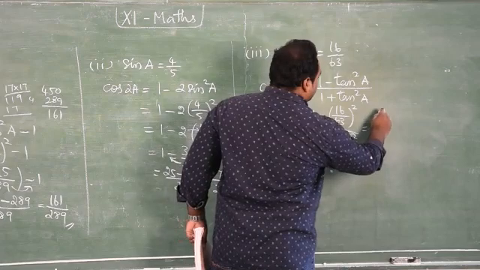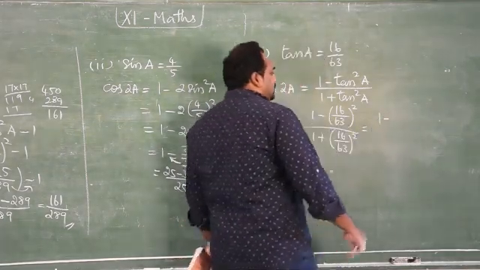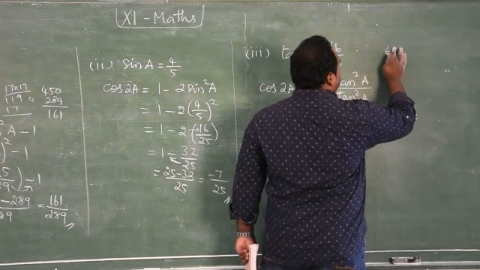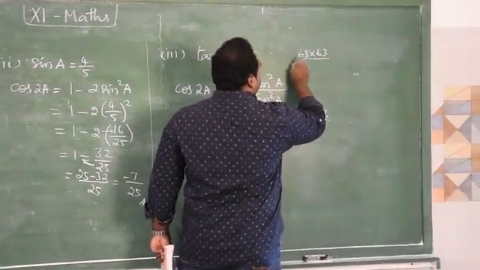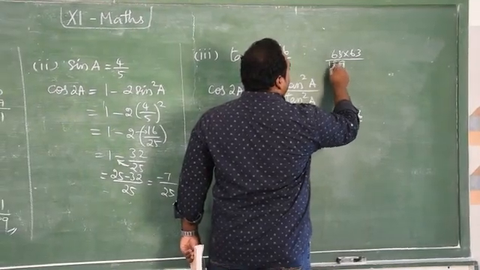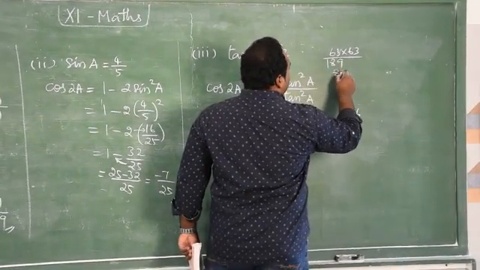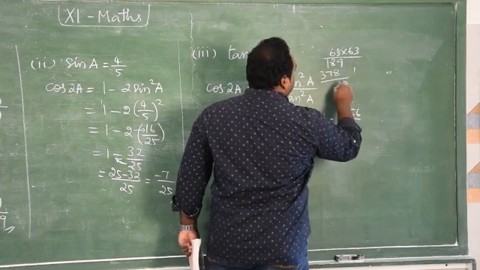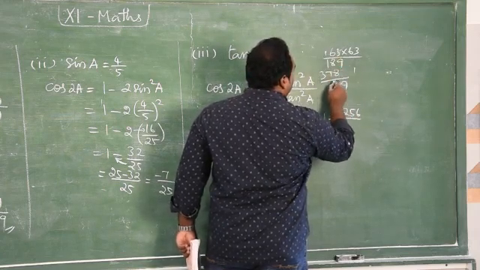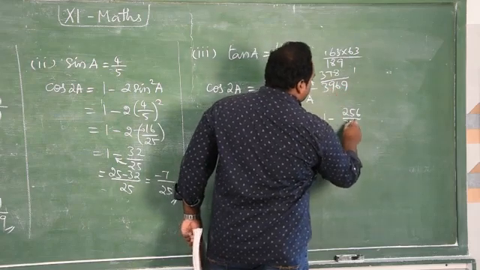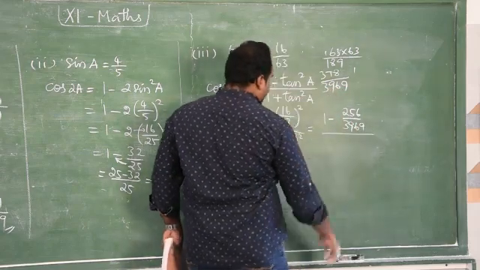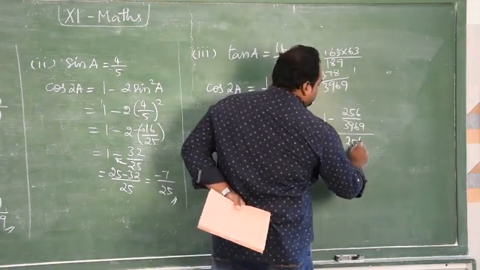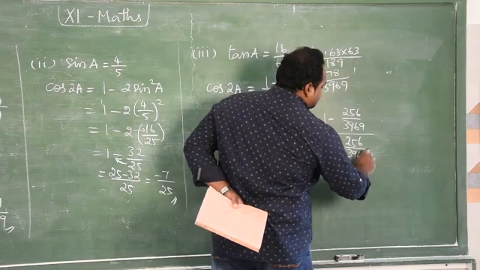So this can be written as 1 minus 256 by 63 into 63, 3969, divided by 1 plus 256 by 3969.